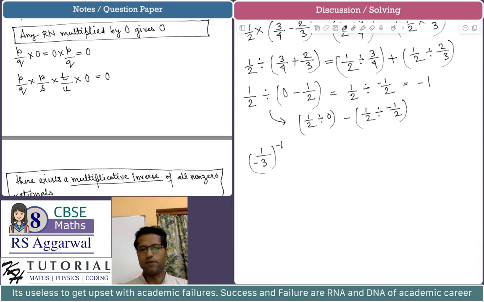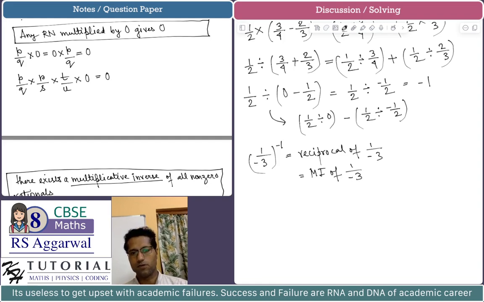Whenever you see any rational number whole to the power minus 1, it is asking what is the reciprocal of 1 by minus 3, or what is the multiplicative inverse of 1 by minus 3.